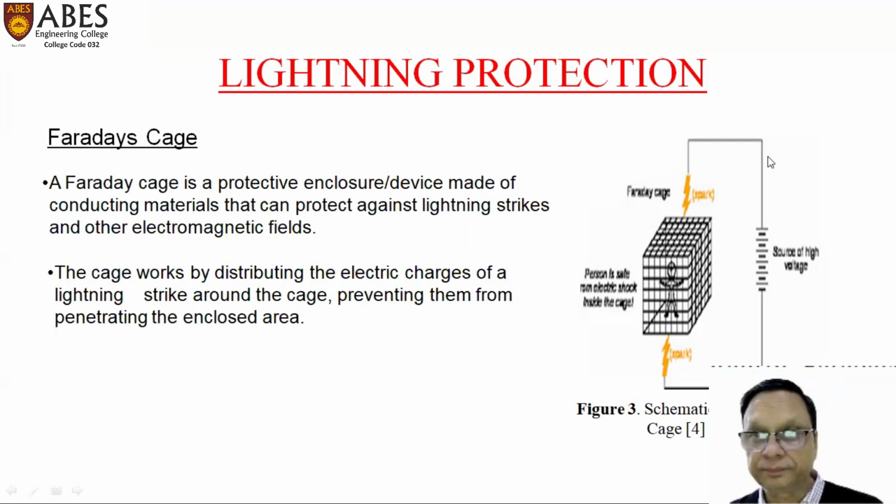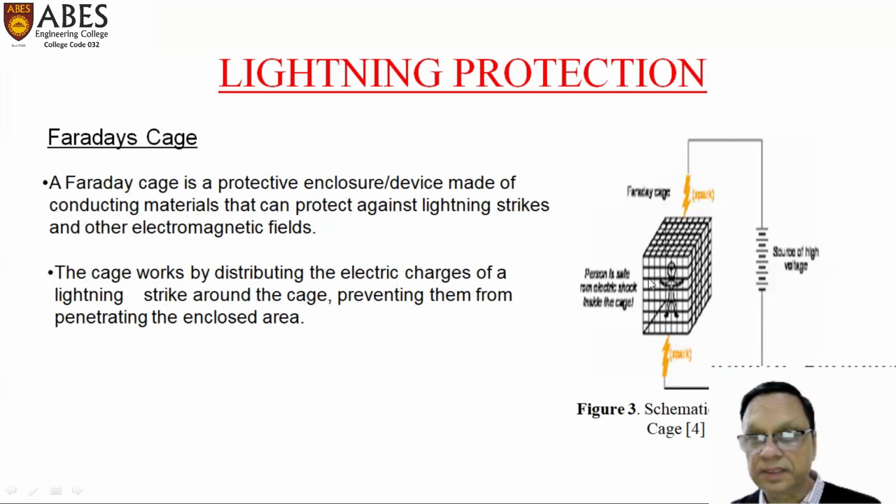Now, here if you see, a person is enclosed in the cage, and here I'm representing this lightning with the source of a high voltage. Now, if it is made to pass through this cage, what will happen? The metal will get ionized, and all the charges, all the current will be conducted through these metal parts.